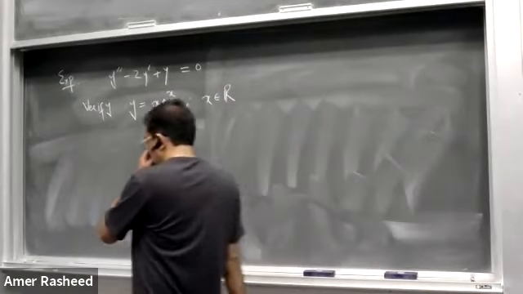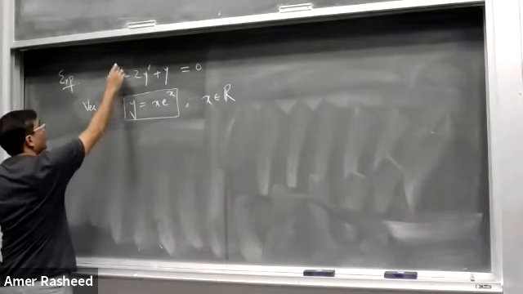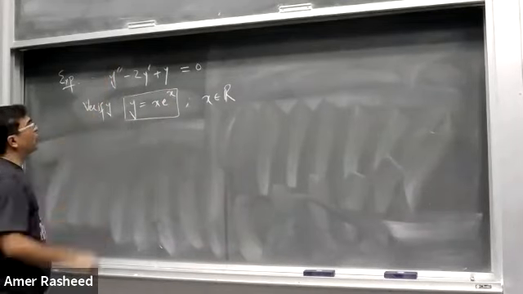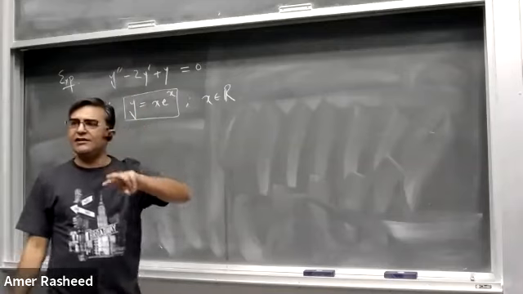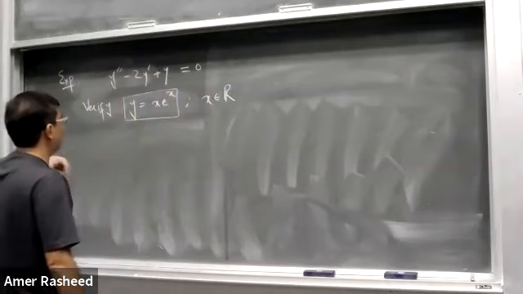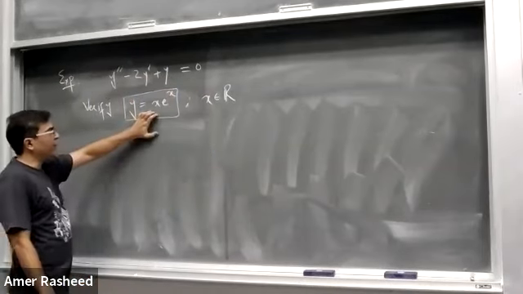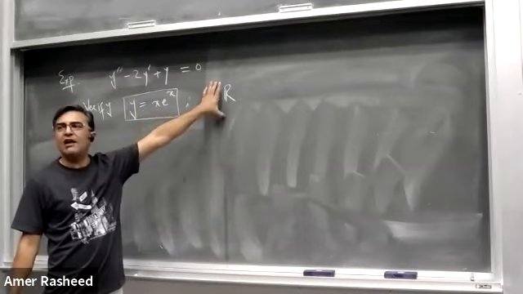Now, this is a function, and the order of this differential equation is 2. So this function and its two derivatives, first derivative and second derivative, should exist and be continuous on the same interval R.